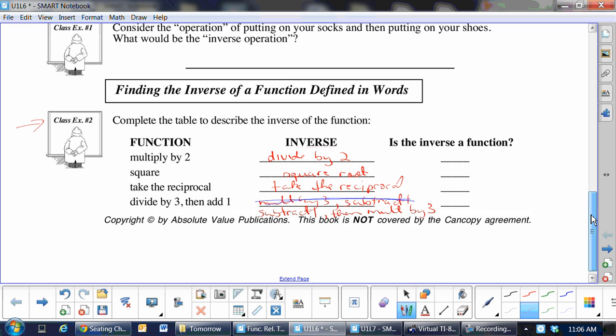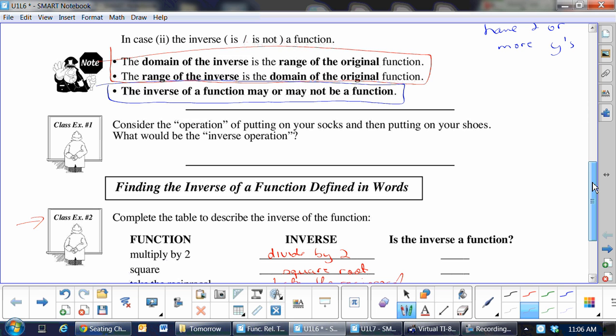Like, do example 1 now. What would be the inverse of putting on your socks and then putting on your shoes? What would be the inverse of that? Okay, so what did you say it was? Taking off your shoes.